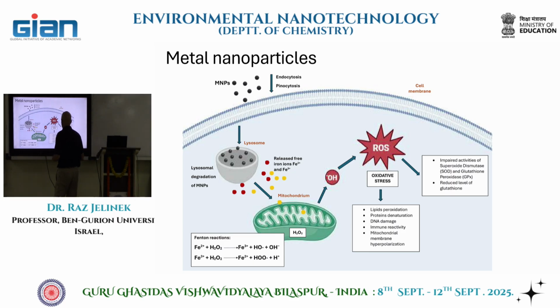Another thing they can do, which is actually one of the main problems with metallic nanoparticles, is they can oxidize. And when you have oxidation of biological molecules, you can have what we call ROS.